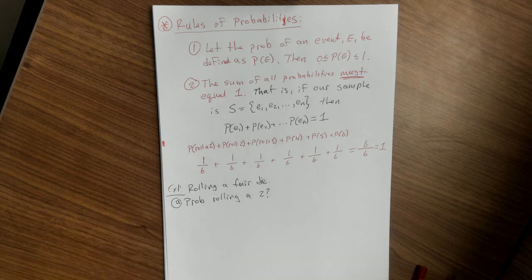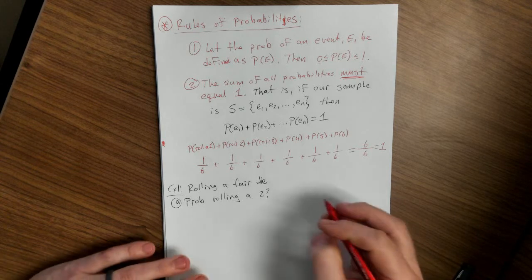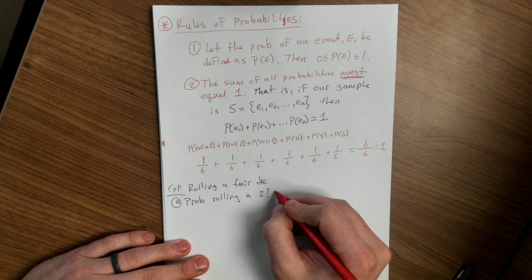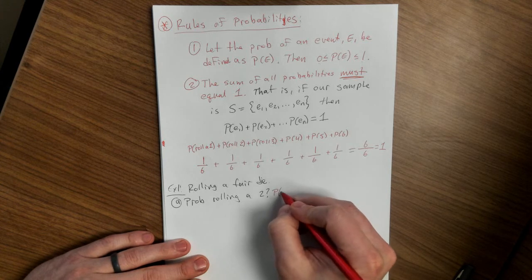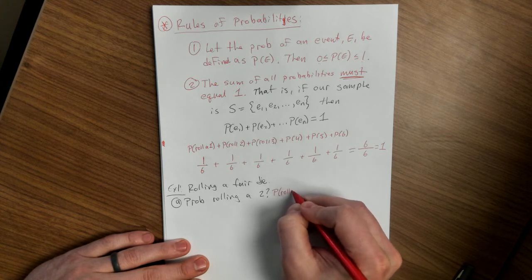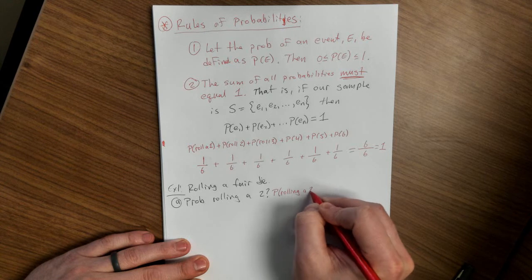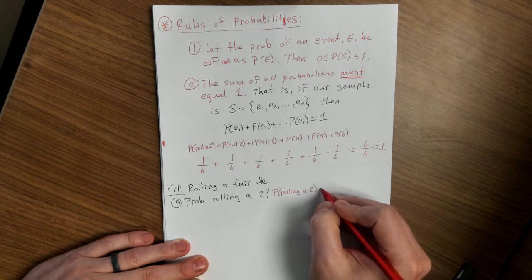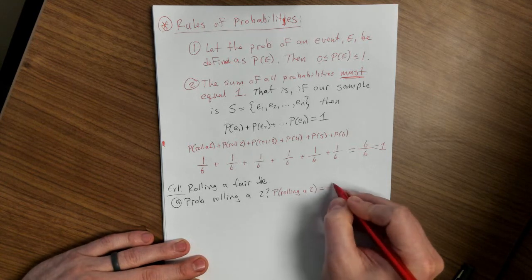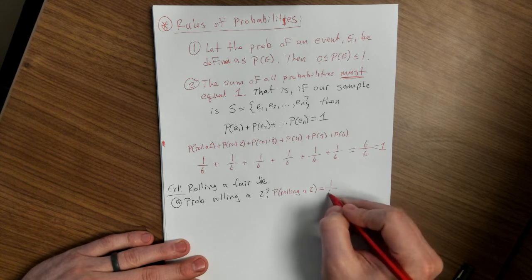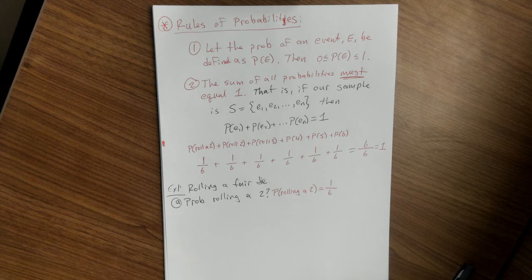All right, we know how to do this, but I just want to write it out one time so that we can see some things here. So the probability of rolling a 2 is equal to the total number that we want, which is only one of those possible out of 6. And that's all we do there.